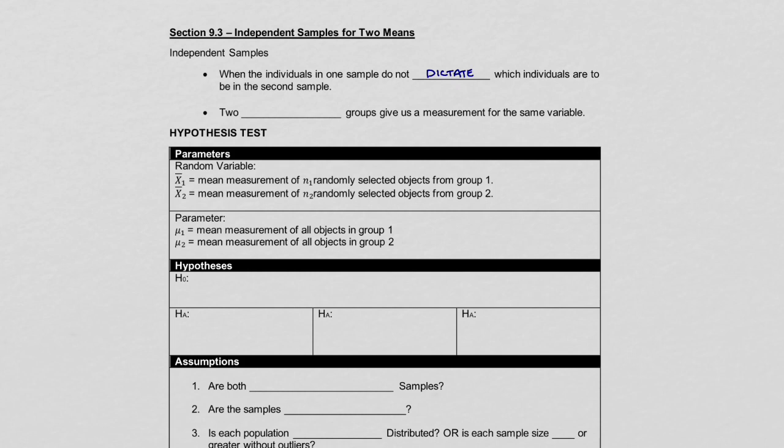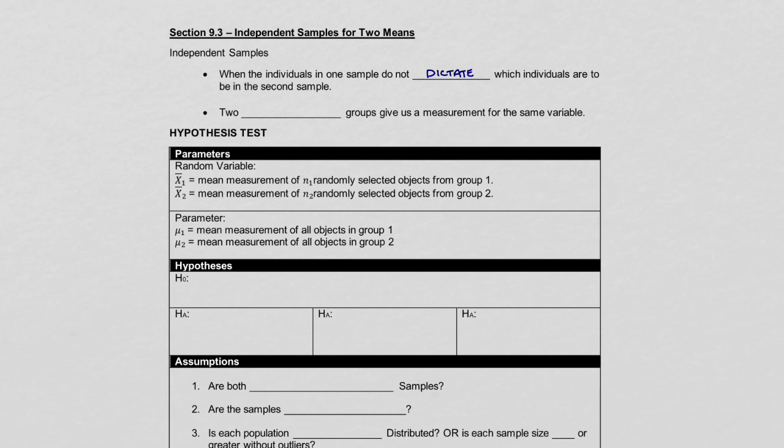So for example, say we are working with married couples. We'll put one spouse in group 1 and we'll put their other half in group 2. So if we are randomly sampling from group 1, this would no longer be independent if we say we pick, we'll say Chris, and once we pick Chris, it forces us to pick Chris's spouse.